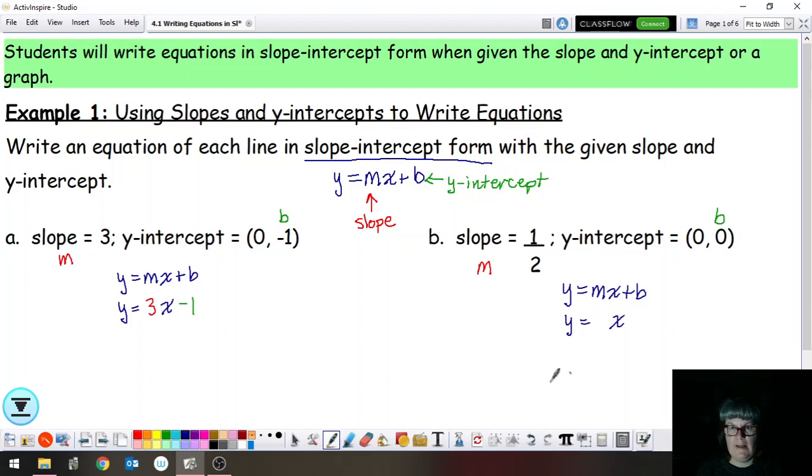Again, the only values we replace are m and b, so 1/2 x plus 0. However, I want to point out you don't normally see an equation with a y-intercept of 0, with the 0 written. What you will usually see is y equals 1/2 x. Because when you add 0 to a value, you're just left with the value that you're adding it to.